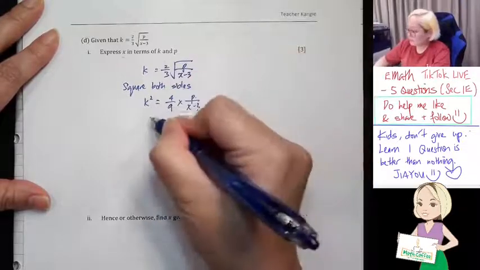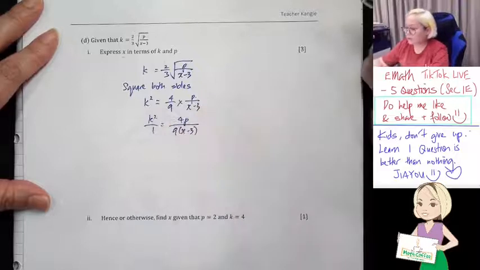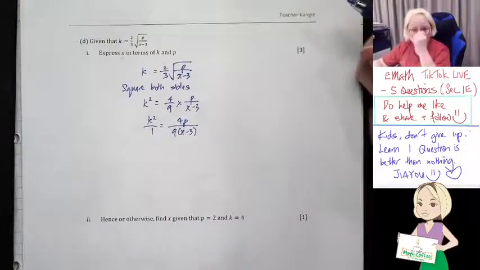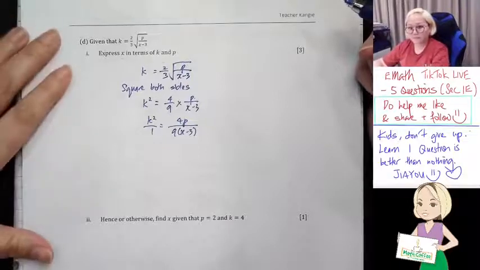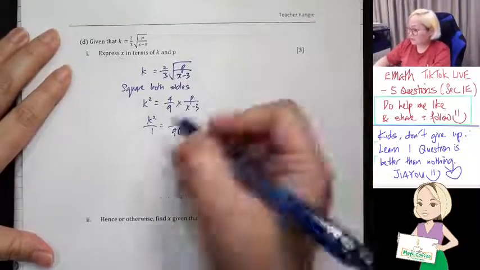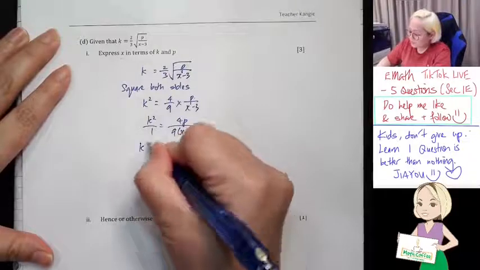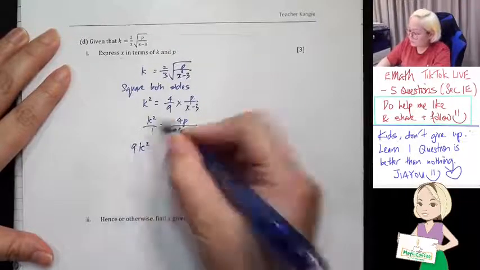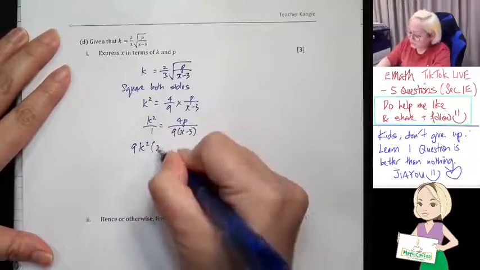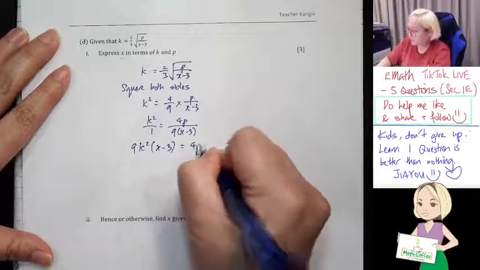This k square, I'm going to put k square over 1. So you see both sides is now single fraction, right? So let's do cross multiply. So I will have k square, this 9 I put it in front. 9 times k square bracket x minus 3 equals to 4p.